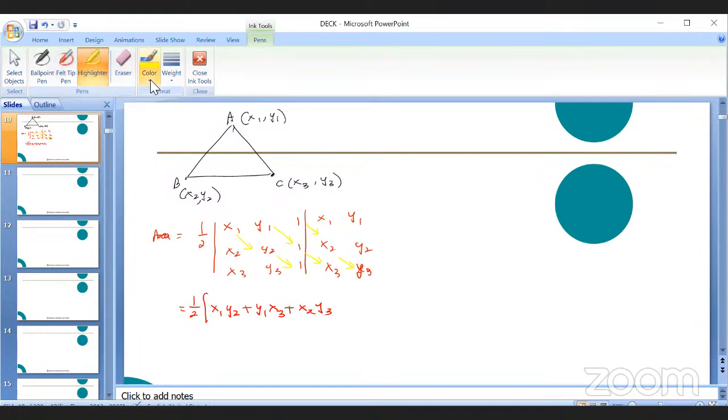After that, you multiply crossways, like this. Now these all will have minus: minus y1 x2, minus x1 y3, minus y2 x3. That's it. That will be the area of the triangle.